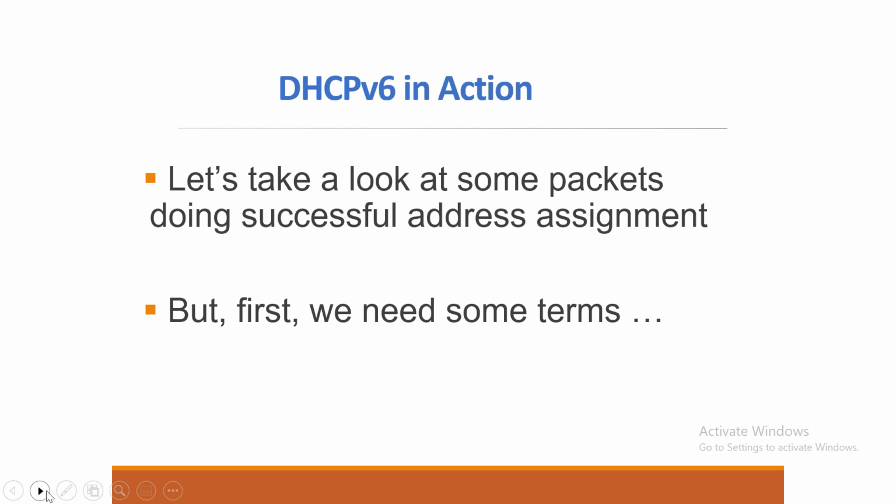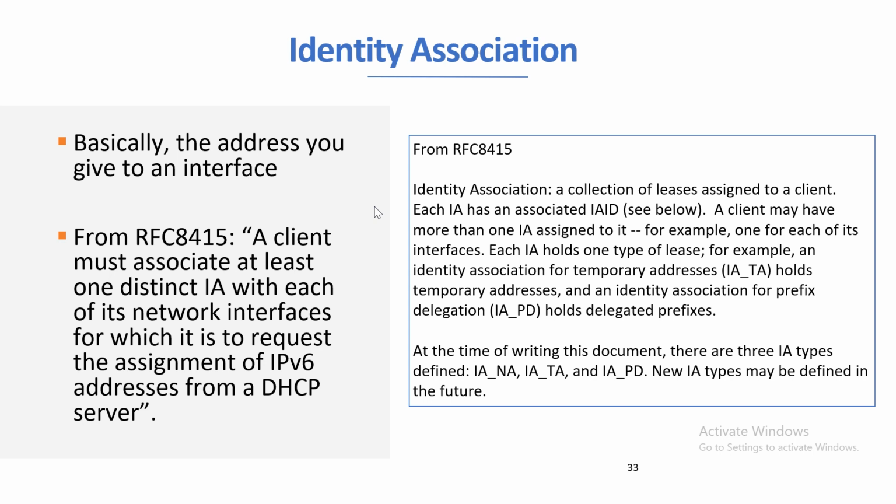But one of the things that we're going to need when we start looking at packets is what's called the identity association. In so many words, it's the address that you give. As I say, this is my way of summarizing this whole big paragraph.